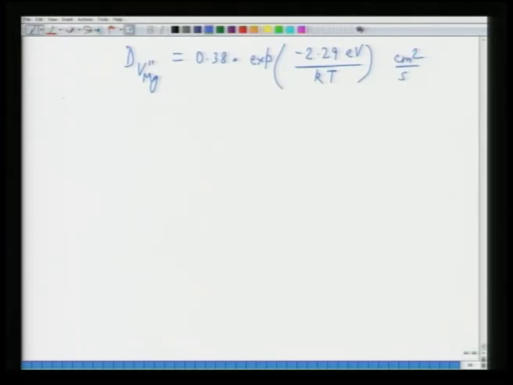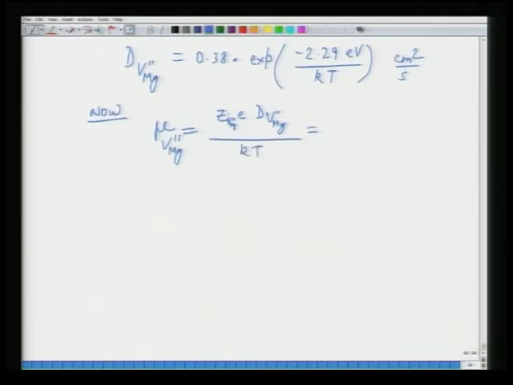Now, you know the temperature. So, what is the mobility? From the Nernst-Einstein relationship, mu_VMg will be Z e D_VMg divided by kT.